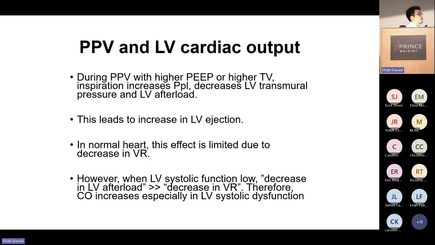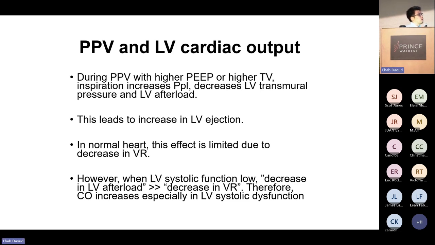So going back, during positive pressure ventilation with higher PEEP or higher tidal volume, pleural pressure increases, and that will decrease the LV transmural pressure, because again, transmural pressure is the difference between the inside of the LV and the outside of the LV. Without tamponade physiology, it's usually the difference between LV pressure and pleural pressure.